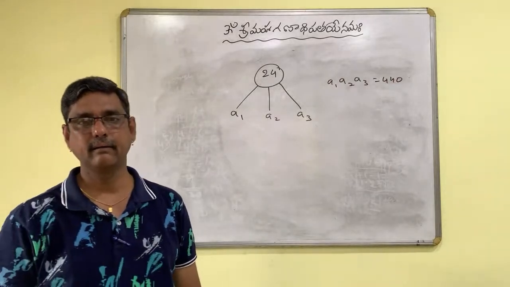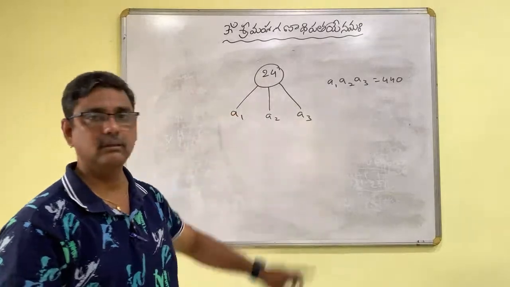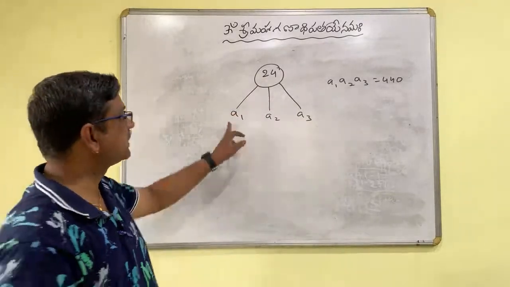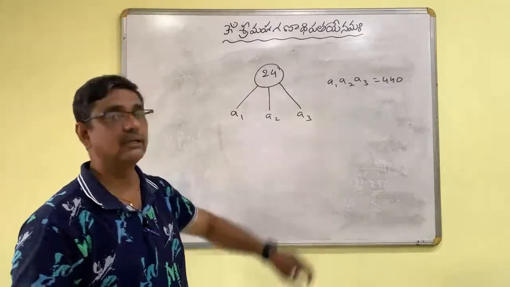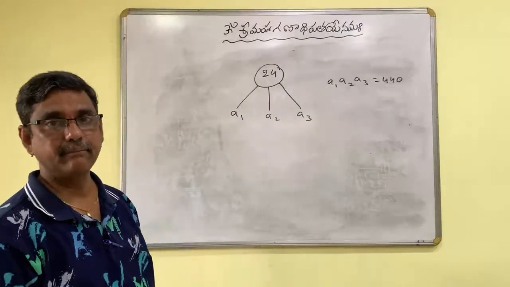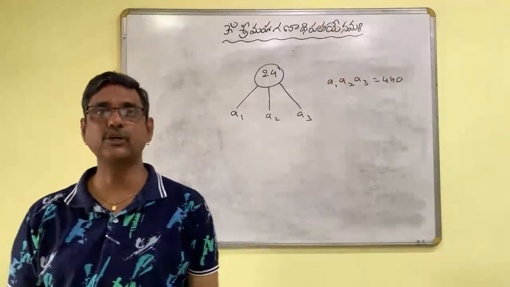We need to divide 24 into 3 terms, and these 3 terms are in AP and their product is 440. This is the question.